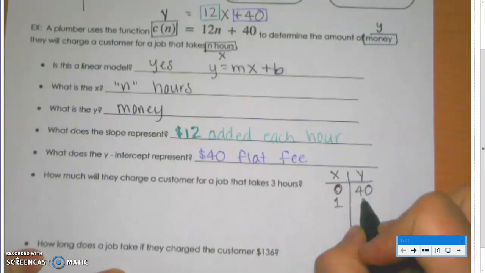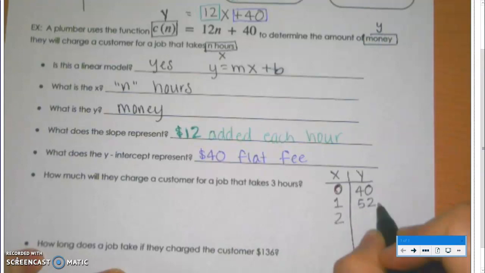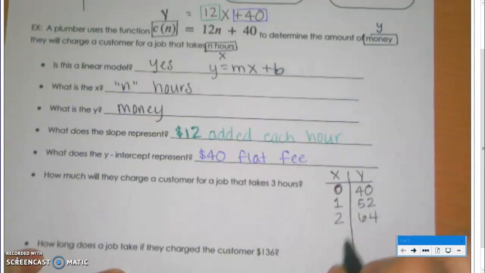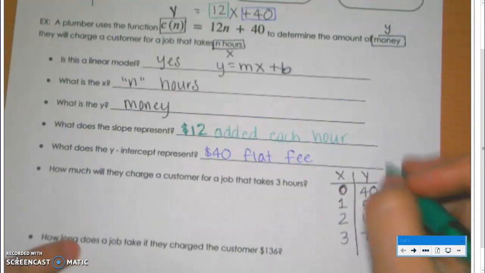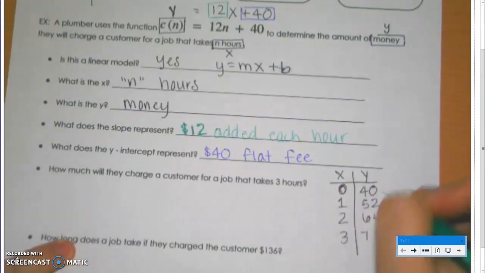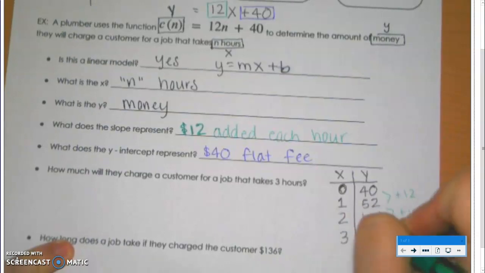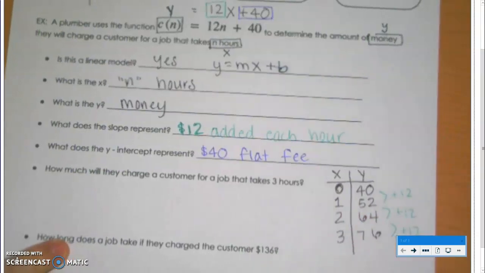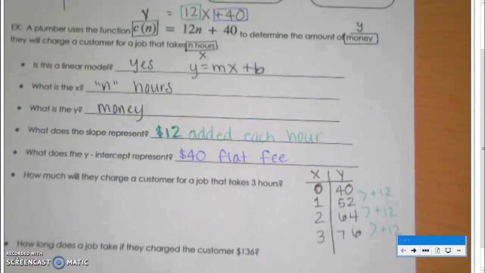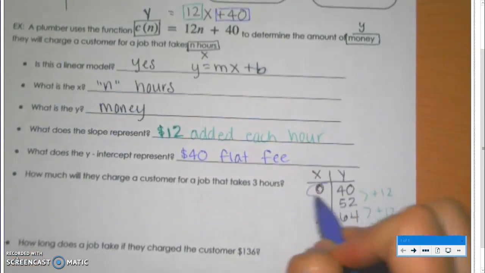So 40 plus 12 brings me up to 52. 2 hours is another $12 increase, so now I'm up to 64. 3 hours is another $12 increase, so now I'm up to 76. And so you see every time I go up, I'm adding 12 because that's my slope. And then this was my y-intercept.